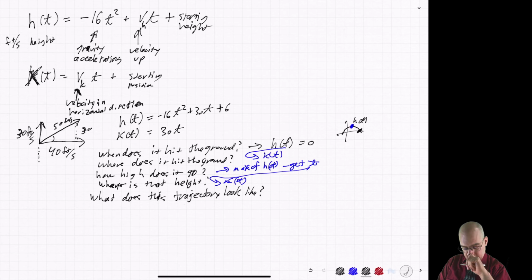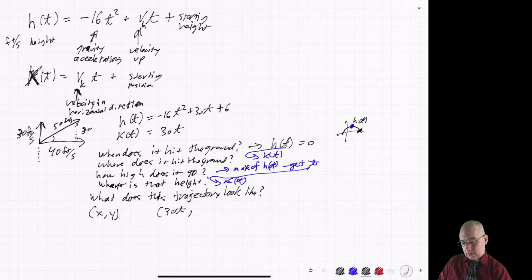So the trajectory, we want x, y, tracing around. And so what is x? X was this k of t. So this is kind of like 30t. All right.